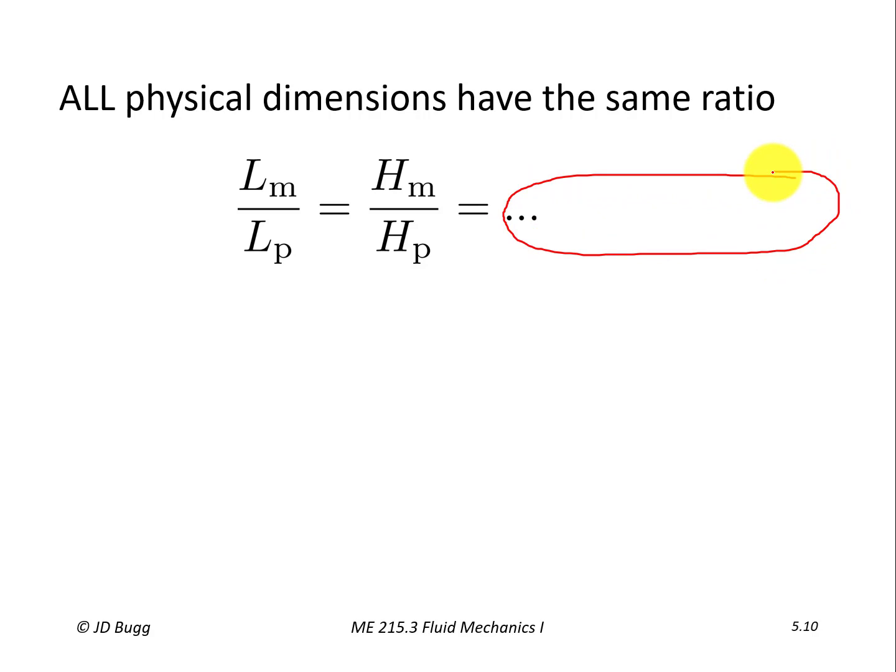So how big the mirror is sticking out the side, how big the door handle is, how big the headlights are, everything has to be in exactly the same ratio between the model and the prototype, and then those objects are said to be geometrically similar.